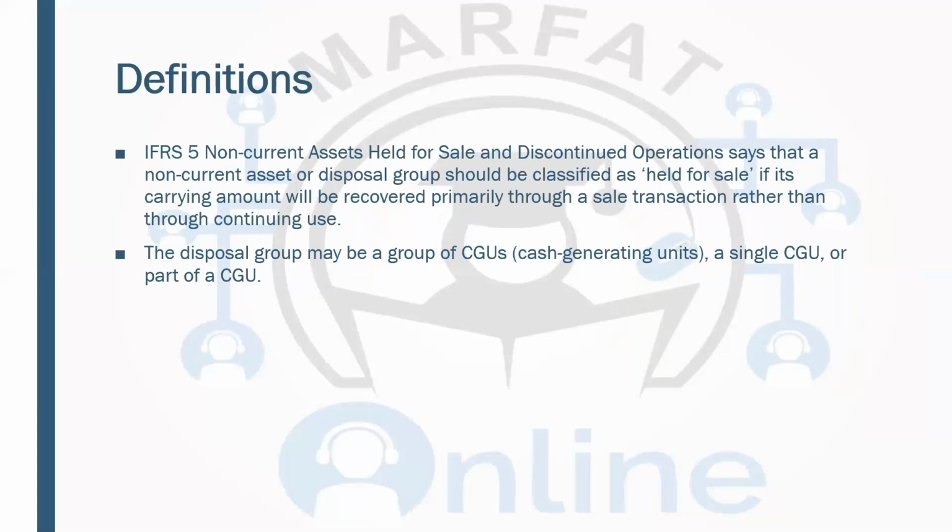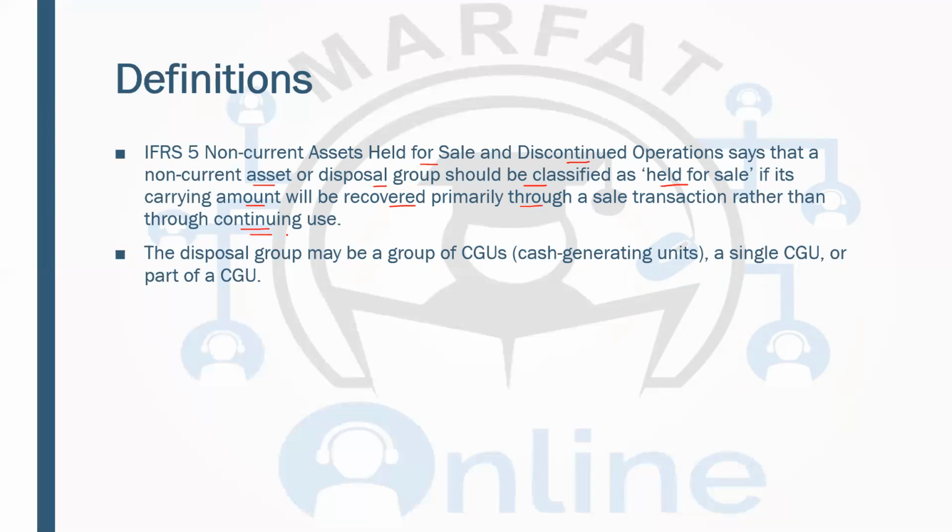Now again, the definitions. IFRS 5, non-current assets held for sale and discontinued operations, says that a non-current asset or disposal group should be classified as held for sale if its carrying amount will be recovered primarily through a sale transaction rather than through continuing use.